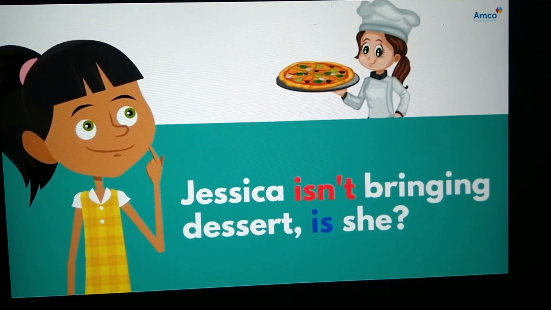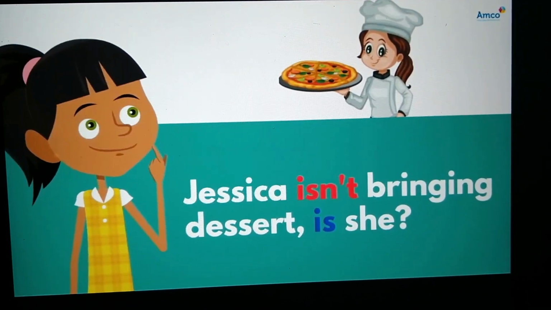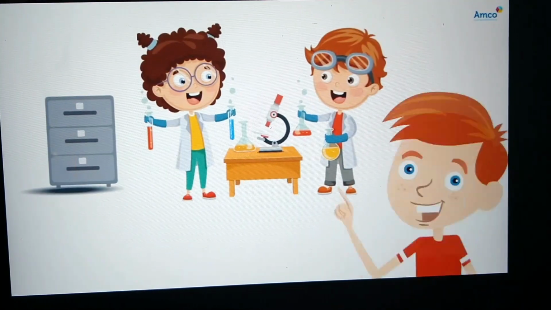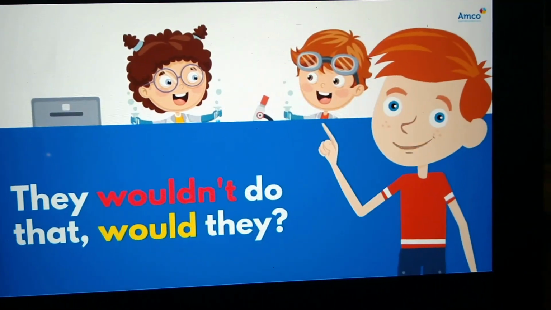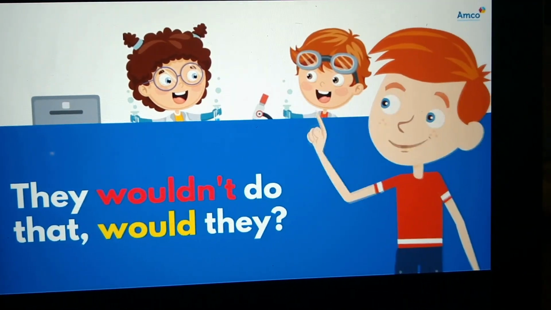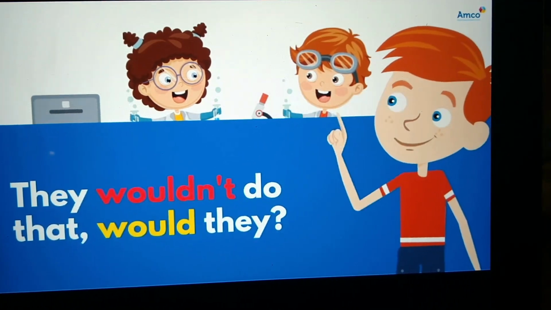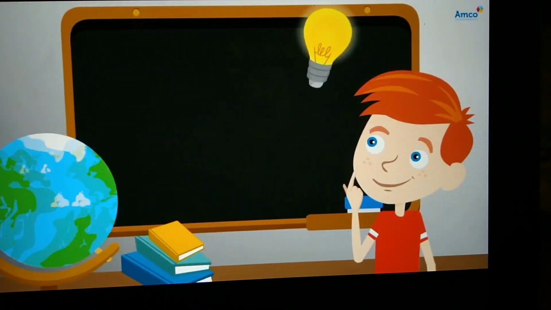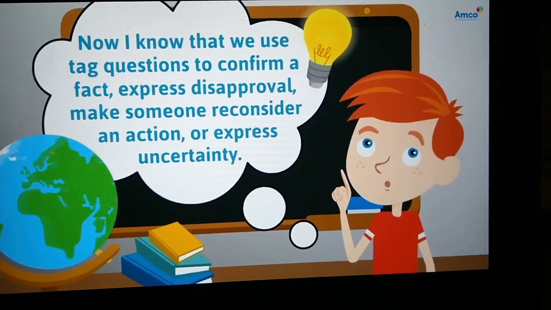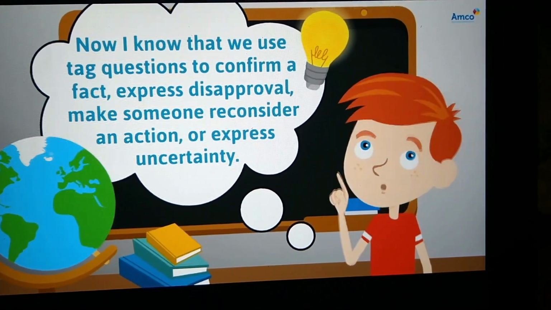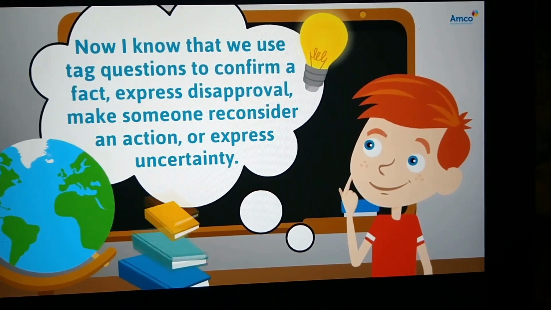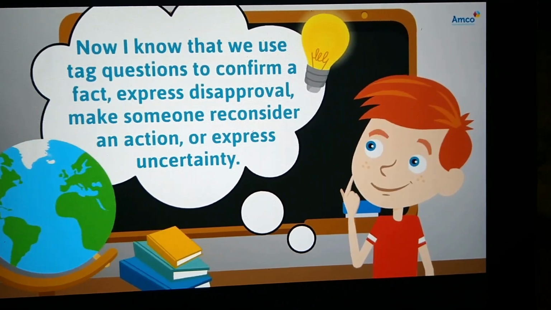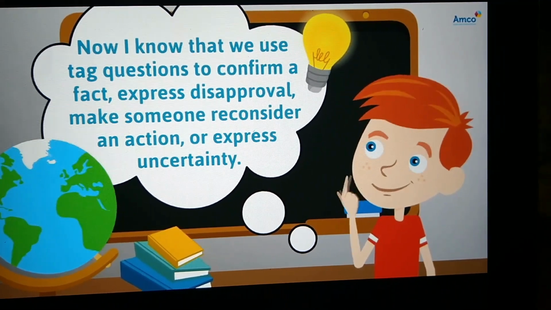Jessica isn't bringing dessert, is she? They wouldn't do that, would they? Now I know that we use tag questions to confirm a fact, express disapproval, make someone reconsider an action, or express uncertainty.